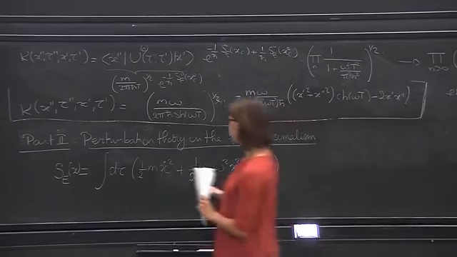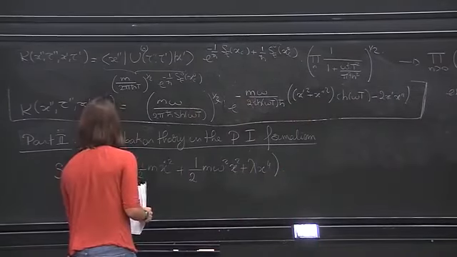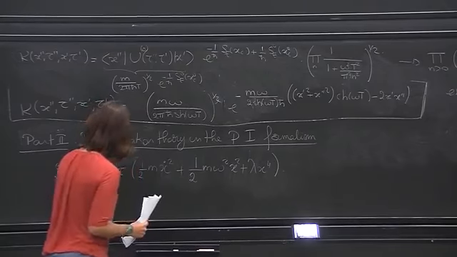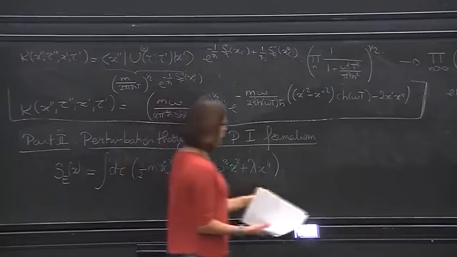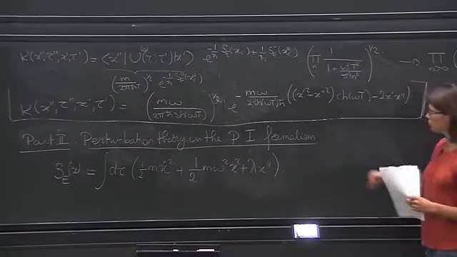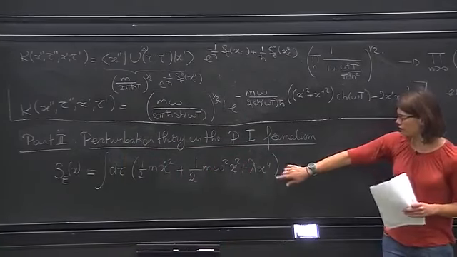Okay, so you cannot compute the path integral, the propagator, for this action exactly. So you need to go to perturbation theory. You can do a perturbative expansion of that in lambda.